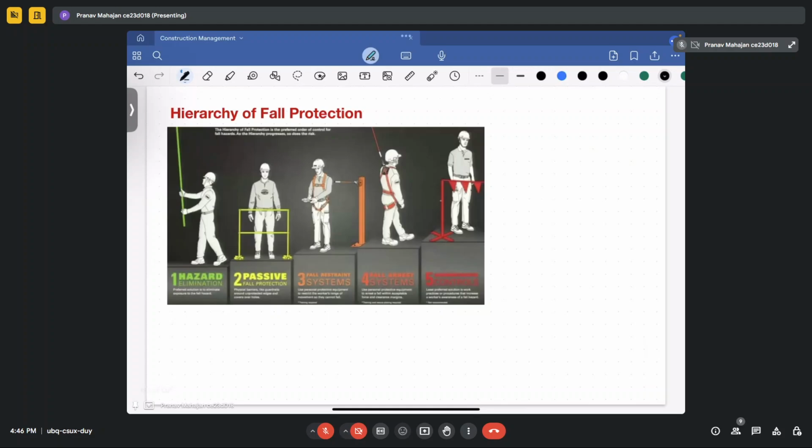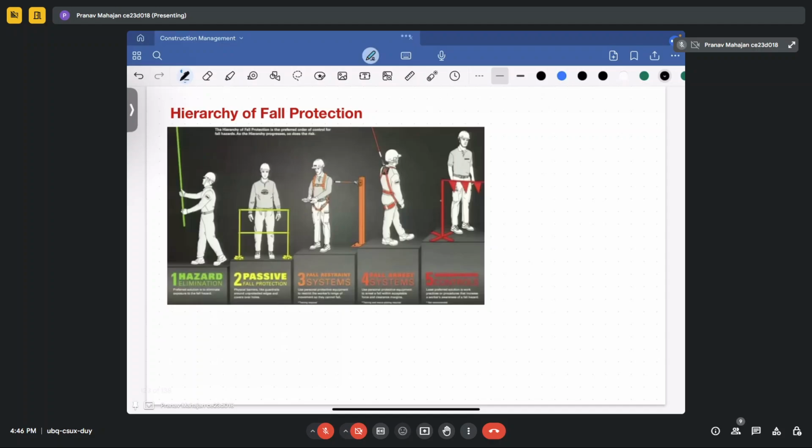So you can see one figure which is telling you the hierarchy of fall protection. Here we can see that first, a person is involved in hazard elimination. Second, a person is involved in providing passive fall protection. The third component is pertaining to fall resistant systems.